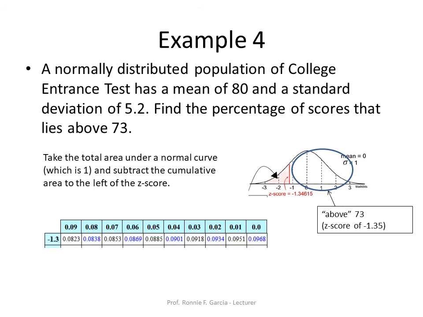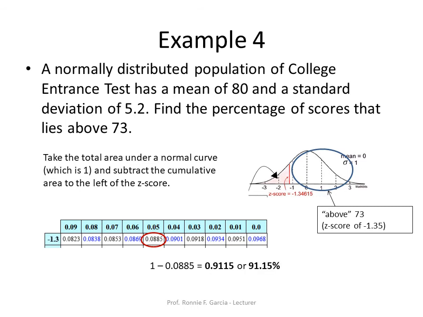So from the z-score, negative 1.35 again, negative 1.35 is 0.0885. But that particular region is on the left side. That's the answer to example number 1 a while ago. So we are trying to get the other side, the area or the percentage that is above that negative 1.35.